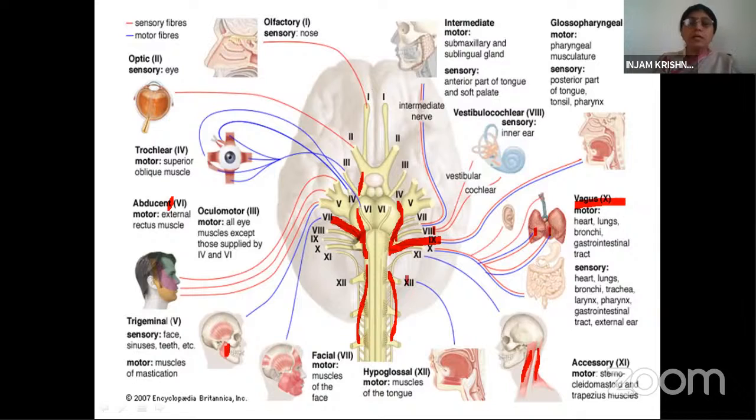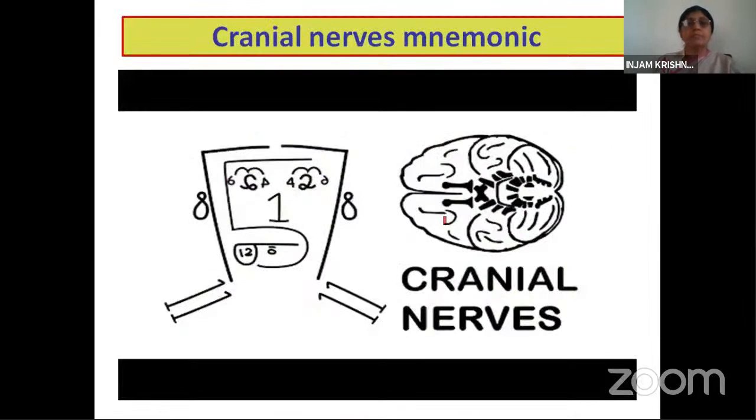Okay, these are the 12 pairs. Have you observed 12 pairs? On this side we have 12, these numbers are depicted on this side and this side also. On both sides we have shown the nerves. That means 12 pairs of cranial nerves. This is about the cranial nerves. We can't remember all those exactly because all the names are new for you, and they are a little bit complicated, and there is no story-like sequence. We just have to remember them.